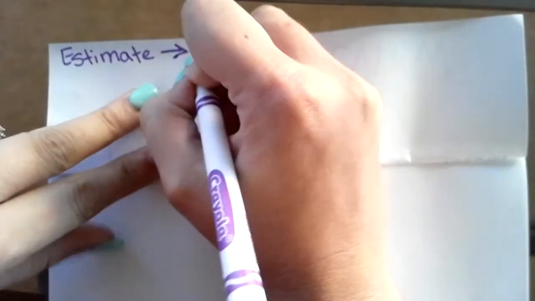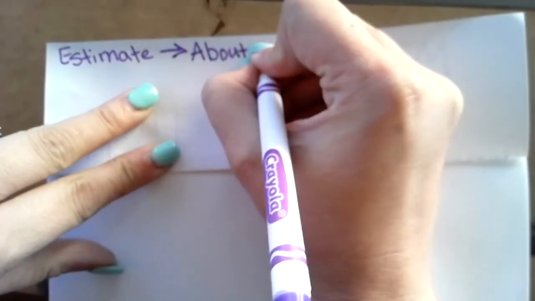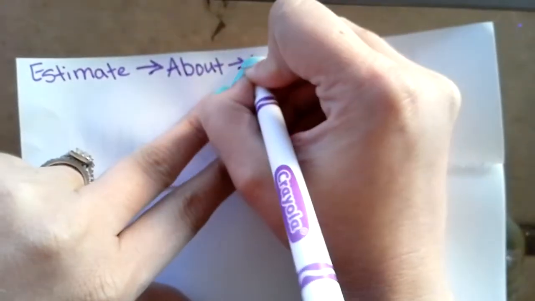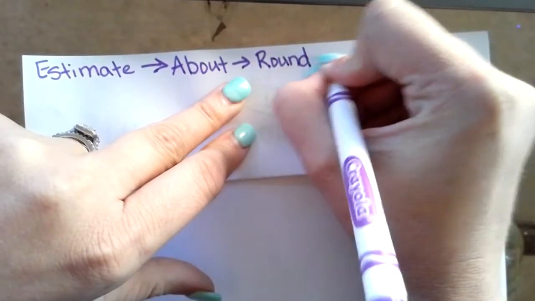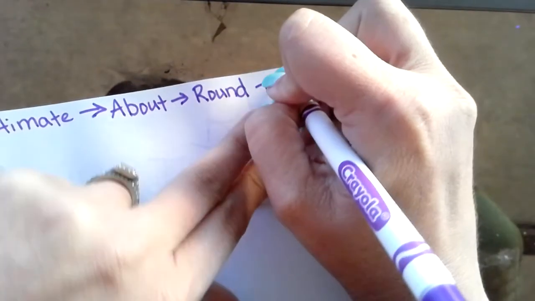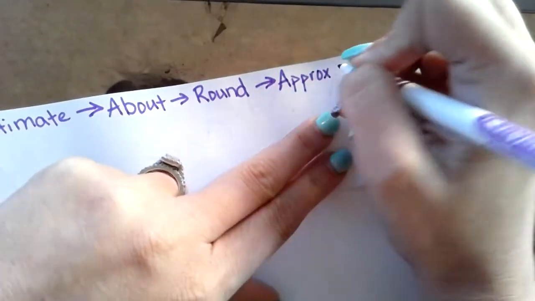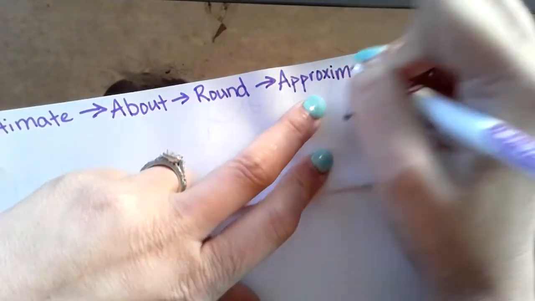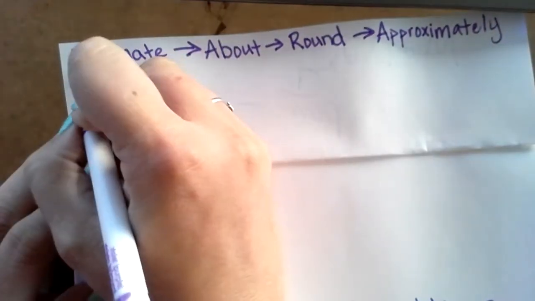We would estimate when we read the words about. So another arrow. The words round. And the words approximately. All of those would tell me that I'm estimating.